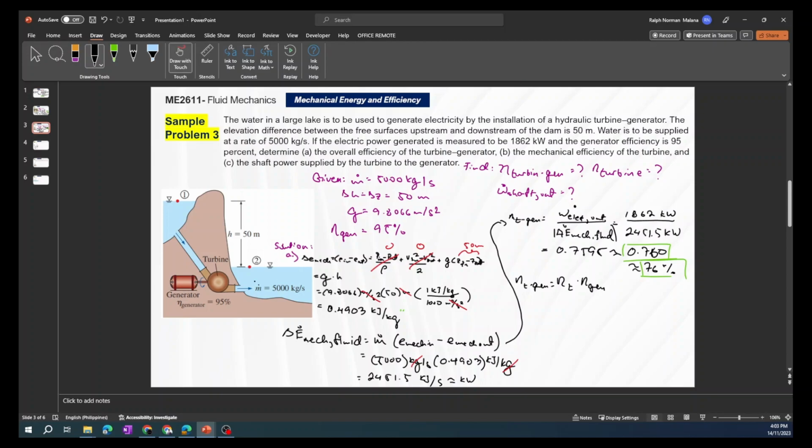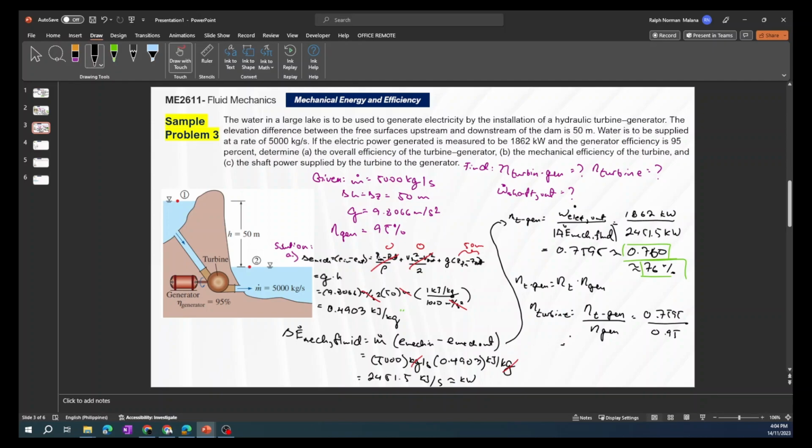So all we have to do is isolate the turbine efficiency: 0.7595 divided by the efficiency of the generator, which is 0.95.